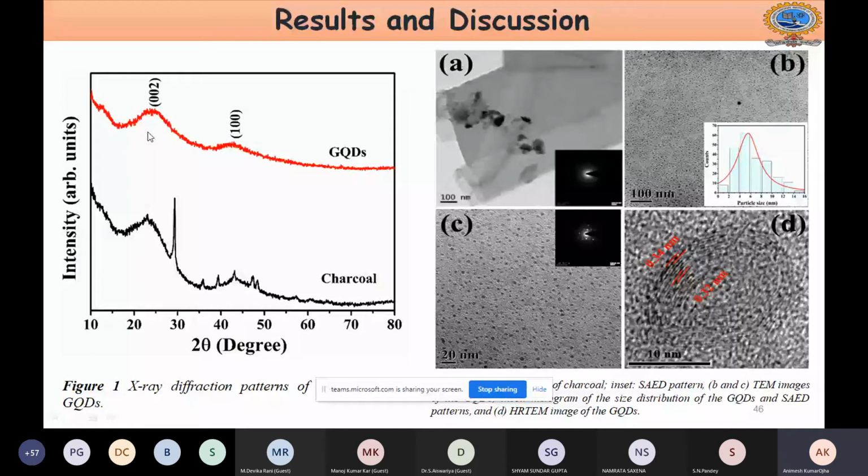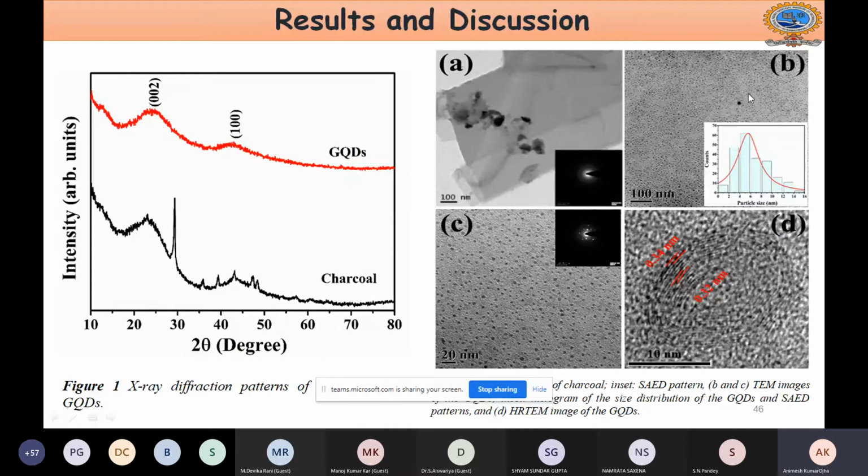The TEM and HR-TEM images are shown in figure 2A, B, C, and D. Here you see the pure charcoal, and here you see there are dots actually.